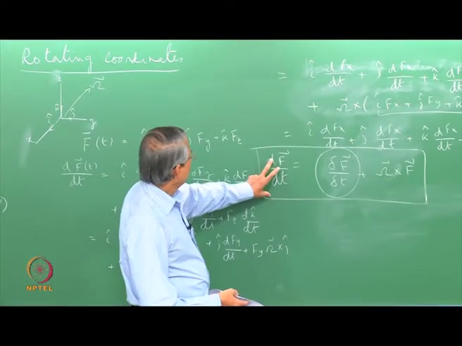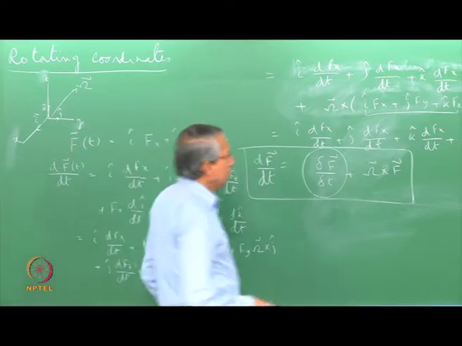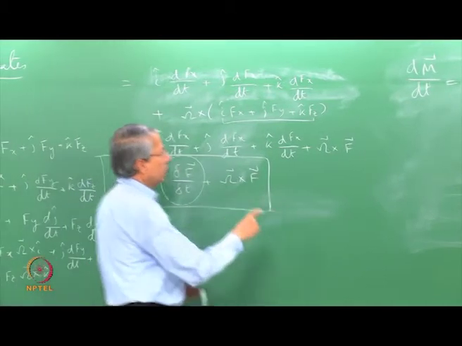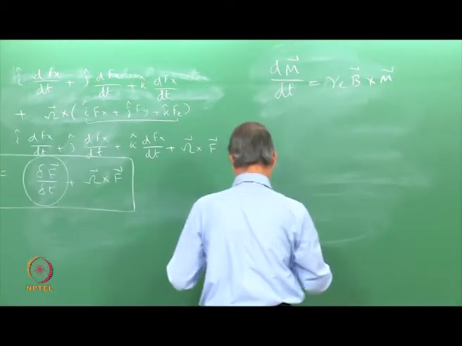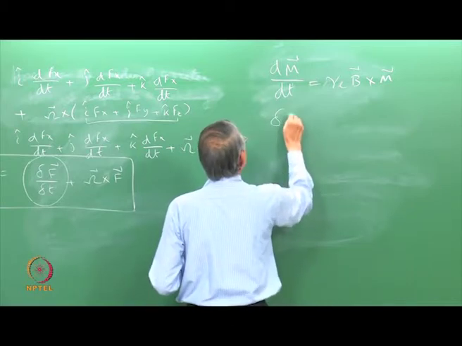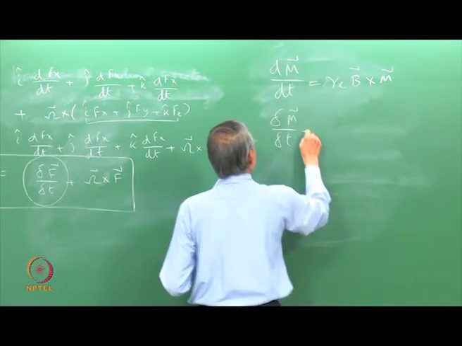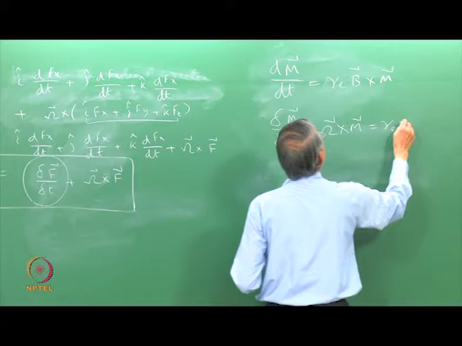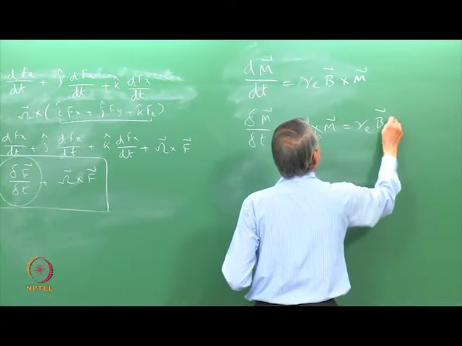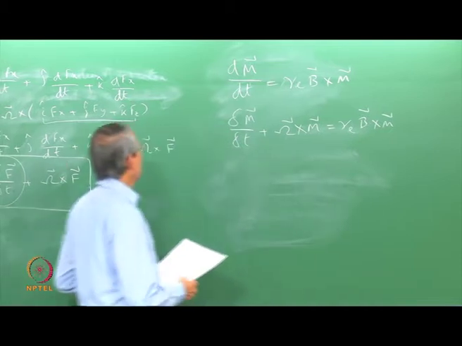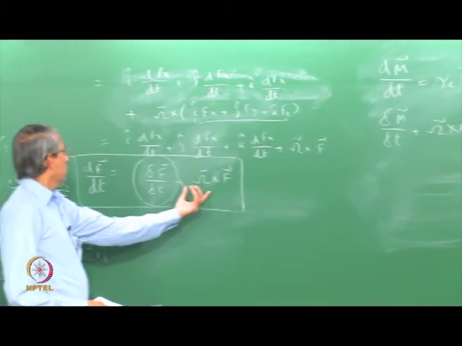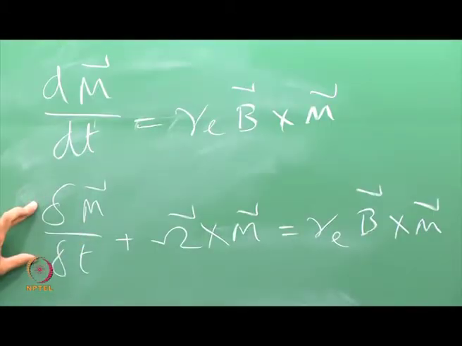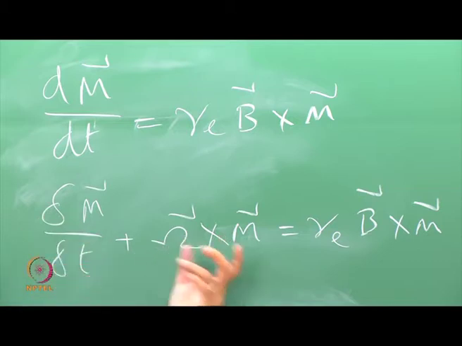So, you see from this I can straight away write that in a coordinate system which is rotating with an angular velocity omega, this will look like this. This is the extra term that comes from here because of the rotational coordinate system. So, this is the time dependence of the magnetization in the rotating coordinate system, and I get the extra term here, and that is the way it is going to be.